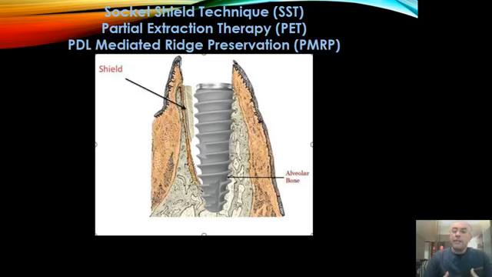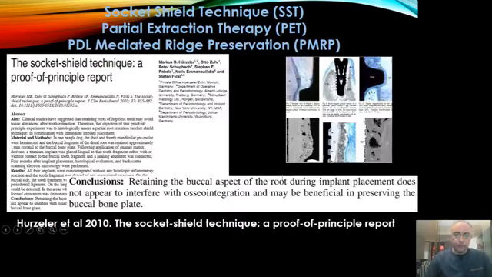And for myself, I like to say it's PDL mediated ridge preservation. We are trying to preserve bone by keeping the PDL intact around it. As I mentioned before, the socket shield should be protecting the implant, and we'll talk about a lot of criteria and some misunderstandings and some realities about this down the line.